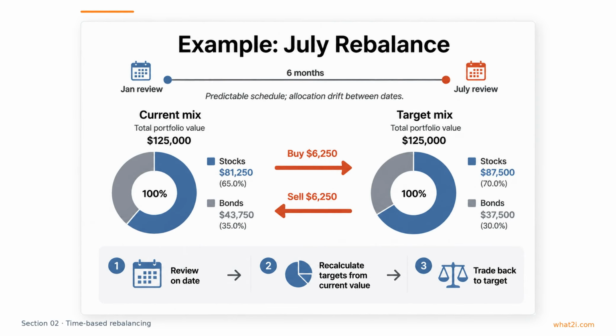This time, stocks are underweight and bonds are overweight, so the investor buys $6,250 of stocks and sells the same amount of bonds. The example shows an important point. Time-based rebalancing is predictable, but drift can occur in either direction between reviews. Each review date resets the portfolio using the current value, not the old one.